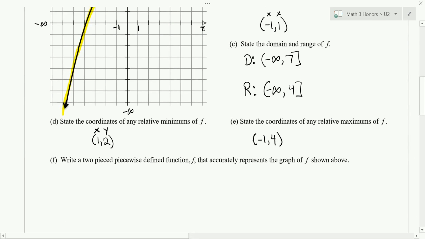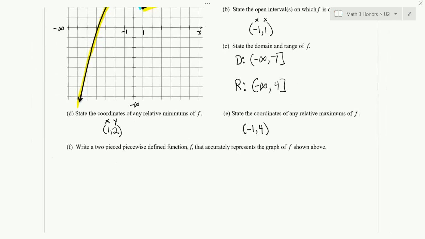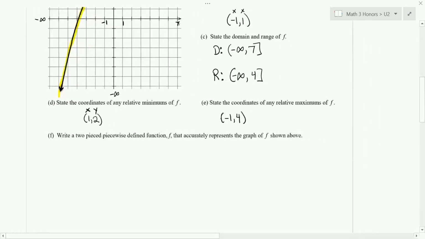All right, so now where we left off from last unit, writing a piecewise defined function and what you're working on with the project that accurately represents the graph of the function below. So when you do this, using function notation, you're going to use the curly bracket, just the open. You're not going to close it. You're going to write your two equations here, and then you're going to put the restriction.